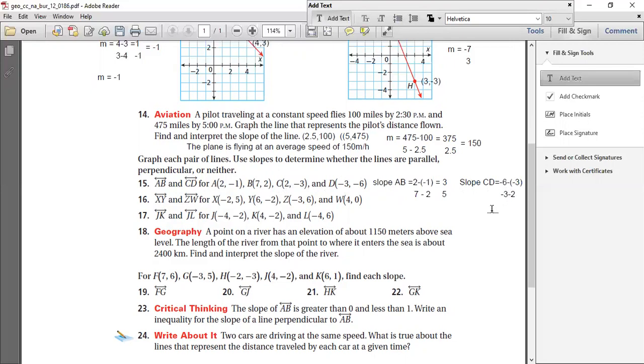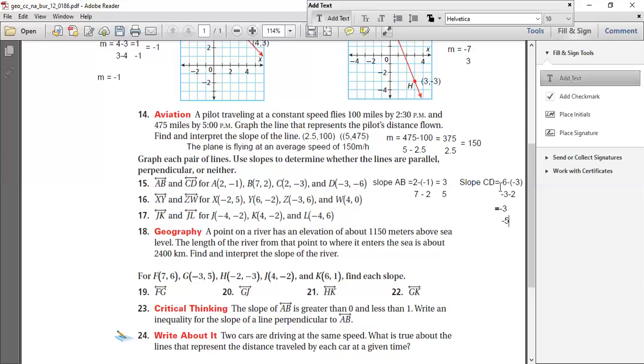So -6 plus 3 is going to give you a -3, right? And -3 minus 2 is going to give you -5 again. Now the slope of CD is negative, and negative will get cancelled again. So again the slope is going to be 3/5. Did I do it right?